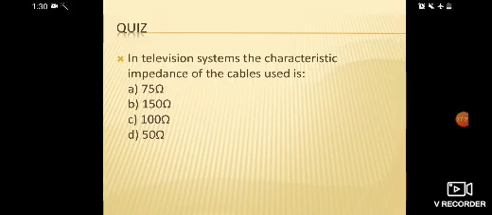So for further reasons we have to know about the cables which are used in our daily life.